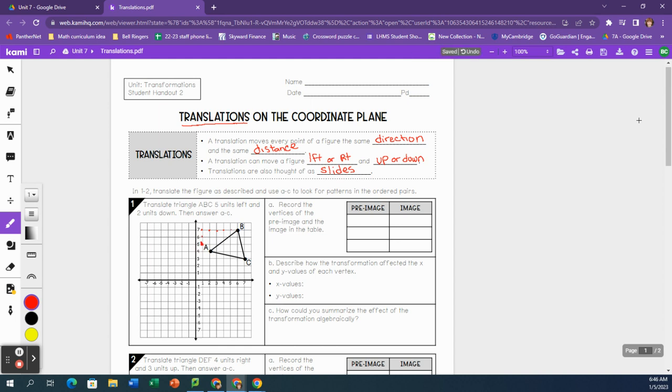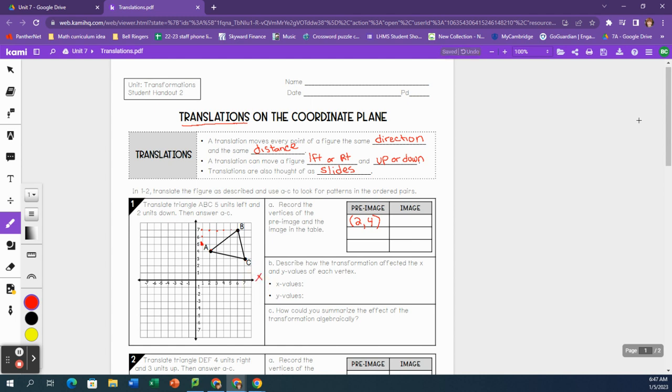So let's go ahead and record the pre-images. The pre-images, the vertices. Remember, this is the vertices right here, the corners. So A, where is A at? A is at 2, 4. So we're going to put A at 2, 4. Where is B? We always go this way first.